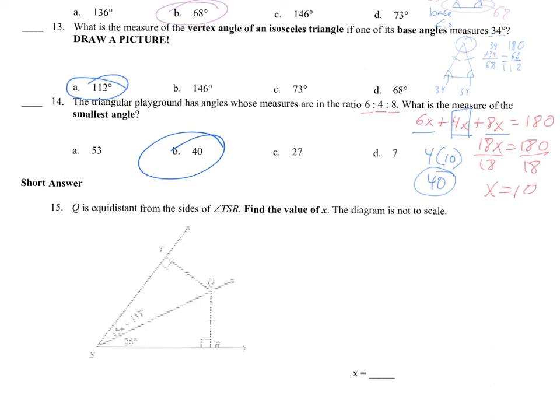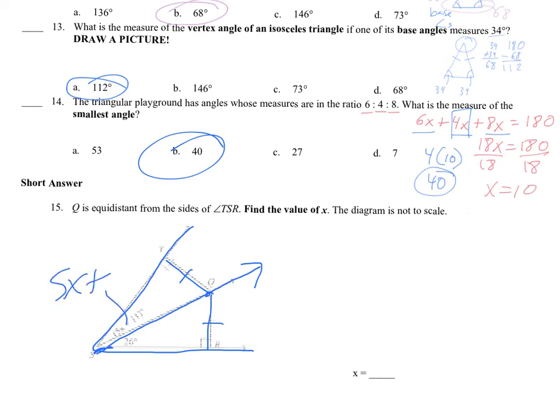Okay, 15. It says that Q is equidistant. There is Q. It's the same distance from the sides that make up the angle. And the only reason it tells us that is that tells us that this ray right here is an angle bisector. It splits the whole angle into two equal angles. Well, this angle is 5x plus 11.